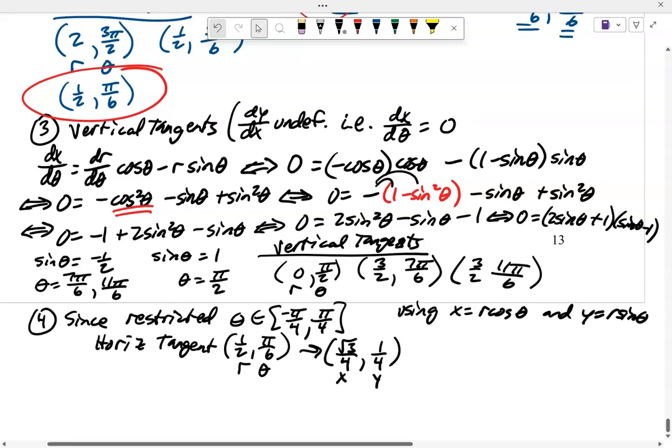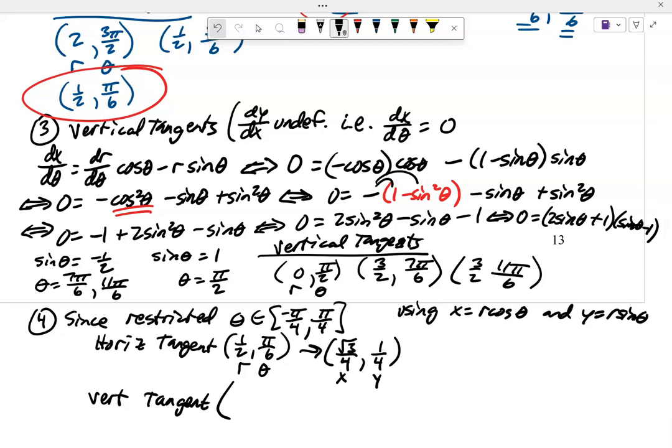And then the vertical tangent would be that. Well, if I'm looking at this, none of these are in range, and so I'm going to state it with negative pi 6. So I'm going to use that 3 halves.